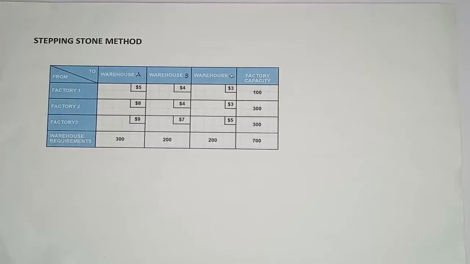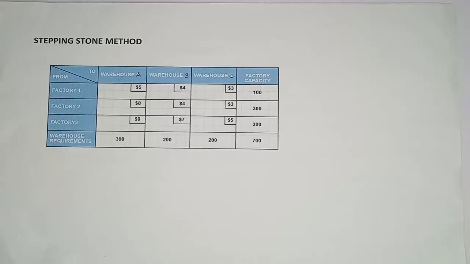In this video, I'm going to show you how to determine the optimal solution of a transportation problem using the stepping stone method. The stepping stone method is an iterative technique for moving from an initial feasible solution to an optimal feasible solution.